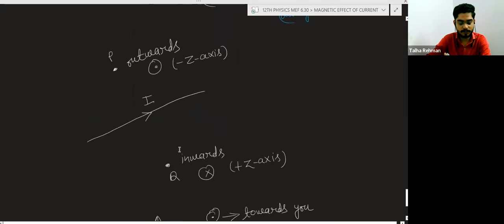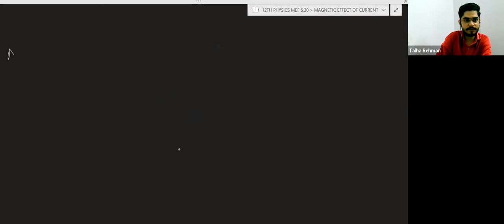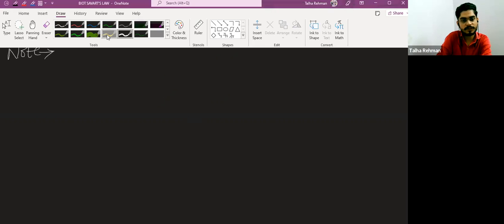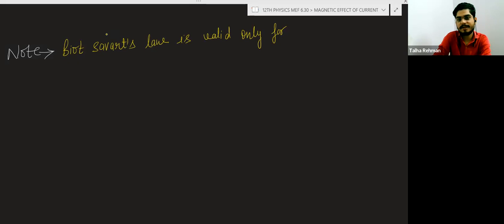Okay, fine. I want to write one more point, and after that we will solve a numerical. Just note this: Biot-Savart law is valid only for a small current element.